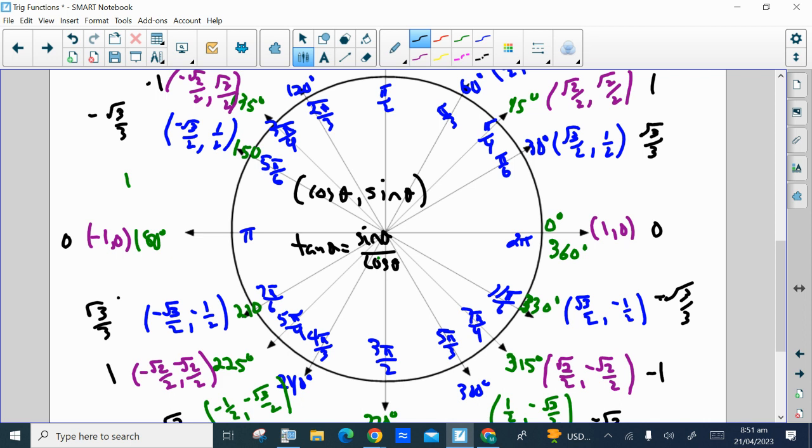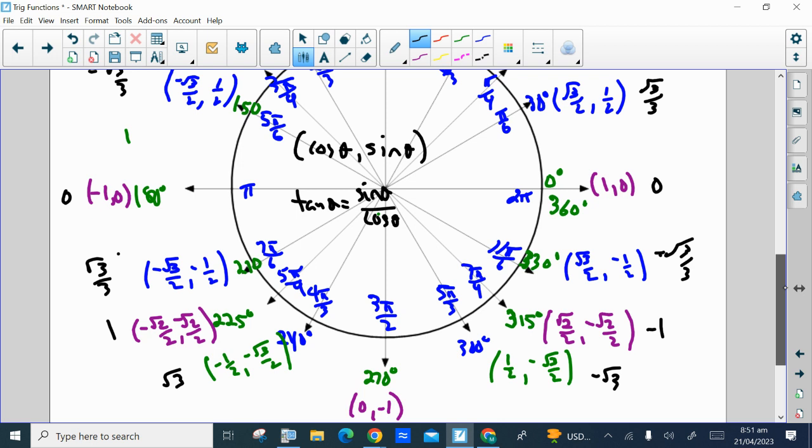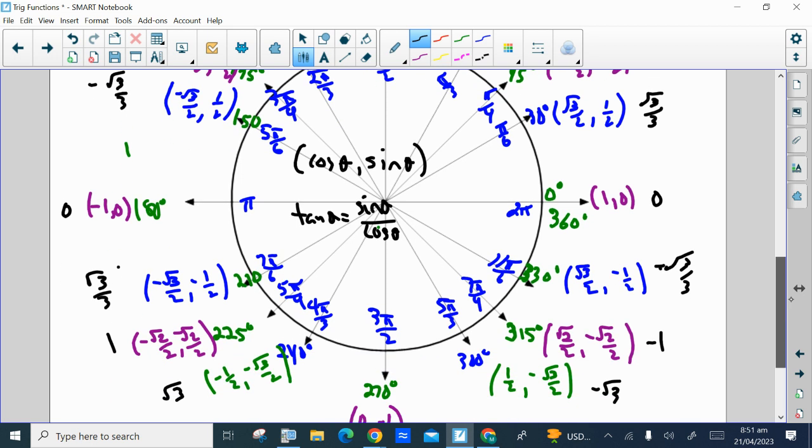Remember, cosine comes first. At pi on 4, it's the root of this many fingers, √2/2, comma, √2/2. And at pi on 3, the sine is the root of this many fingers over 2, and the cosine is the root of this many fingers over 2. So you can remember that hand trick as well to get those coordinates in the first quadrant.